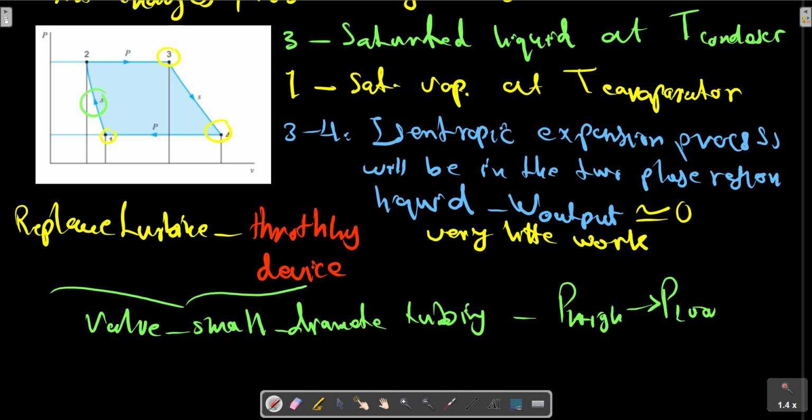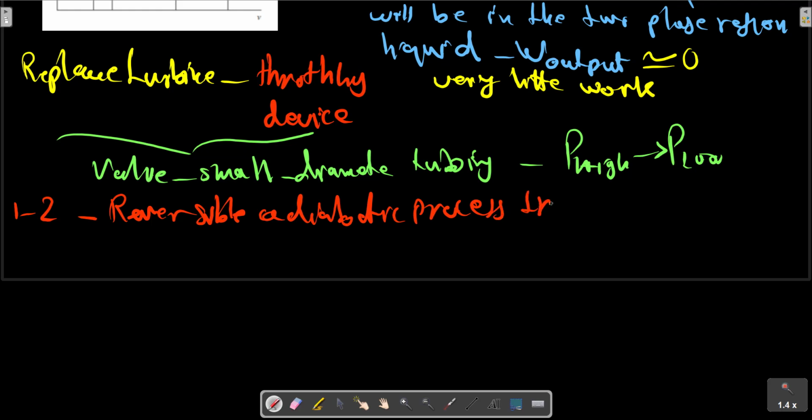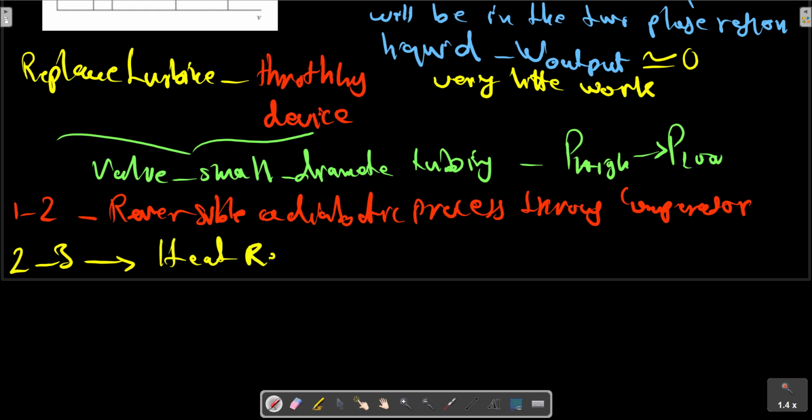Heat is then rejected at constant pressure in process 2-3 in the condenser, and the working fluid exits the condenser as saturated liquid.